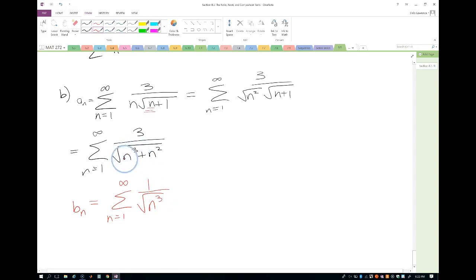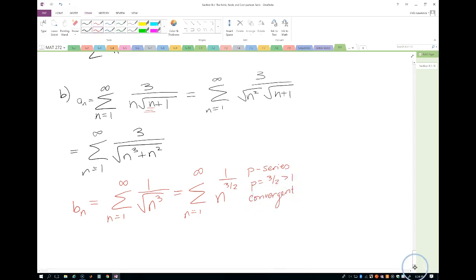As we go off to infinity, n cubed is going to have a much more substantial impact on the value for the series than the n squared will be. So this we could rewrite as 1 over n to the 3 halves. So that is a p-series with p equal to 3 halves. And because 3 halves is greater than 1, this is a convergent p-series.